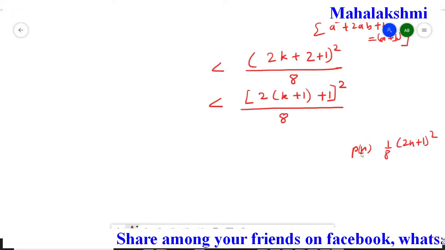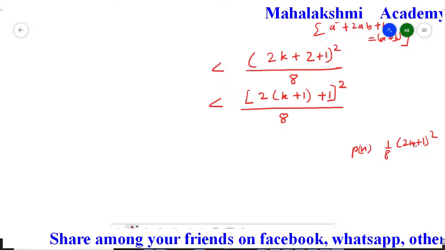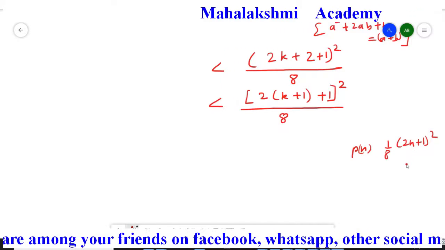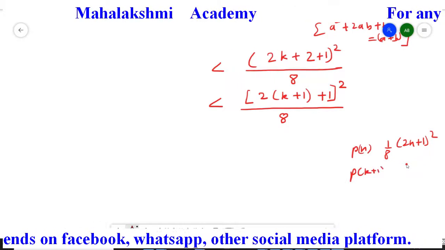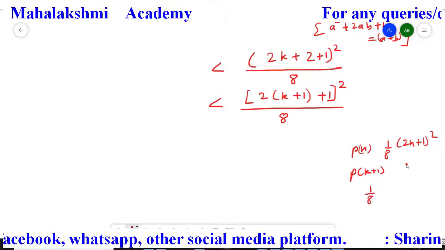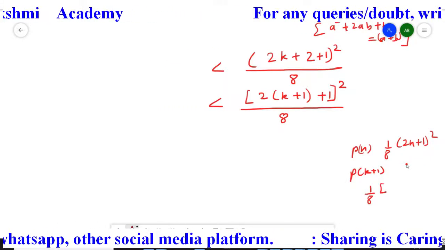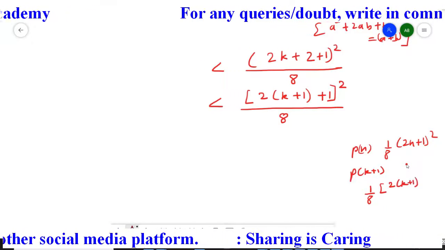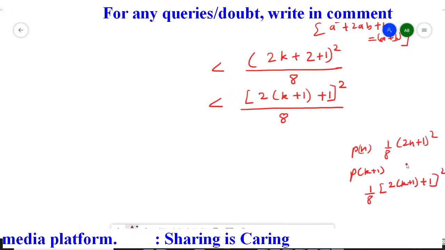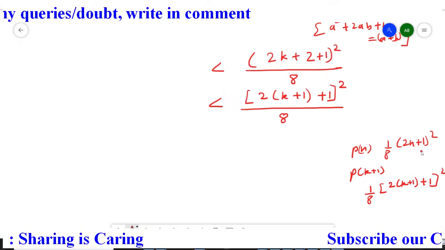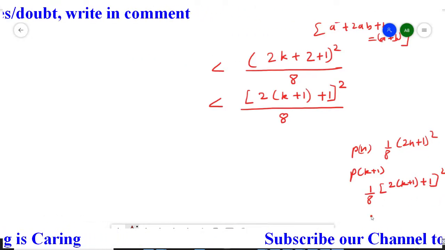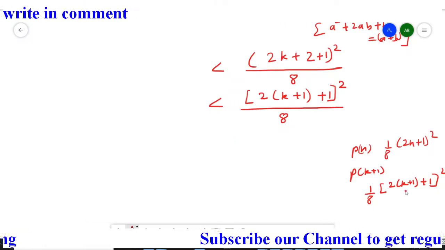So if we replace here n by k plus 1, then here also what should come? k plus 1. Means for P(k plus 1), the right hand side should be 1 upon 8, then 2 bracket k plus 1 whole square. Means this n we have to replace by k plus 1, and this plus 1 as it is and 1 upon 8 as it is. So it is in the same format.